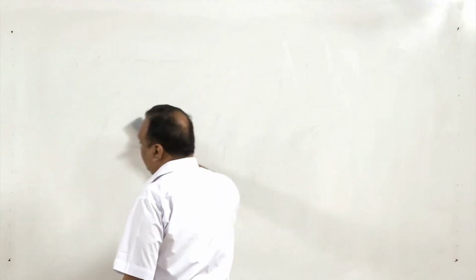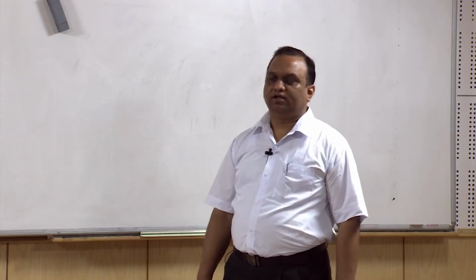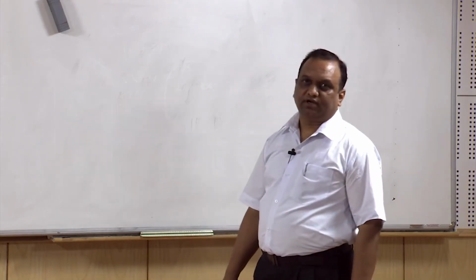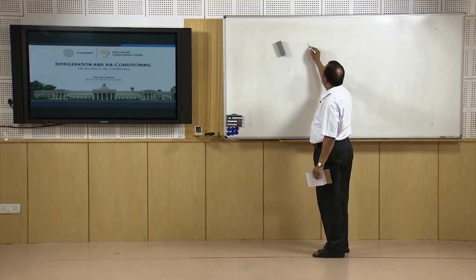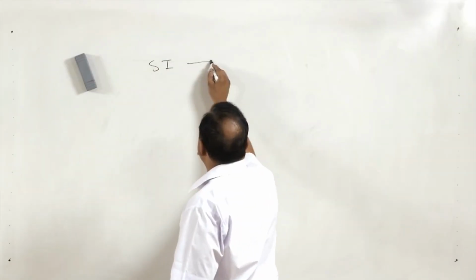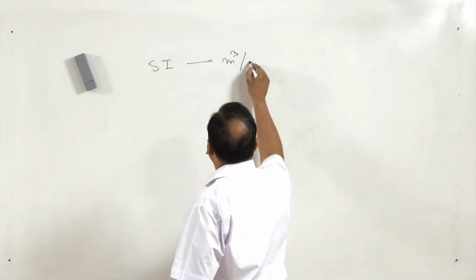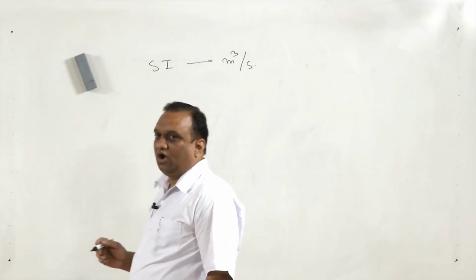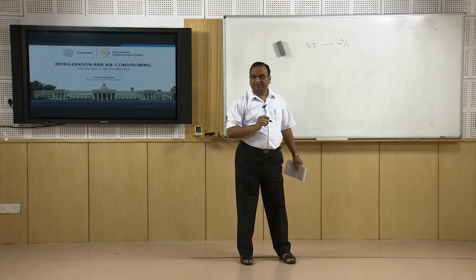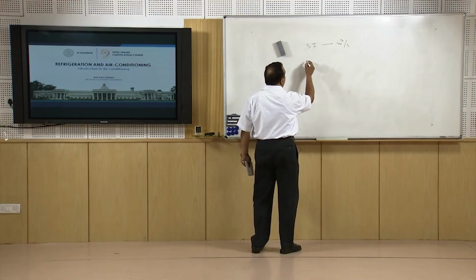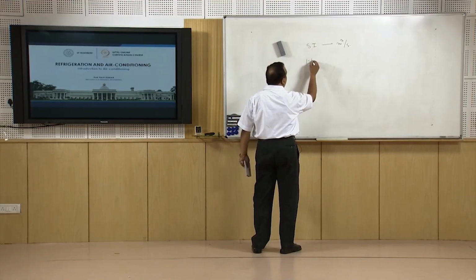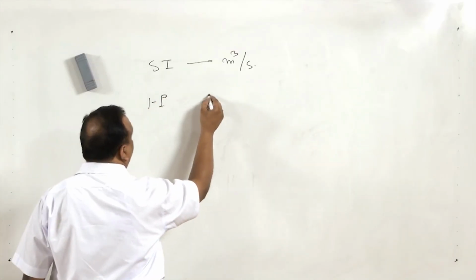As a mechanical engineer, you should be very conversant with the units. For example, volumetric flow rate. Volumetric flow rate in SI system is expressed in terms of meter cube per second. However, you will find in most of the cases in air conditioning, the volumetric flow rate is expressed in inch pound system, and that is CFM.